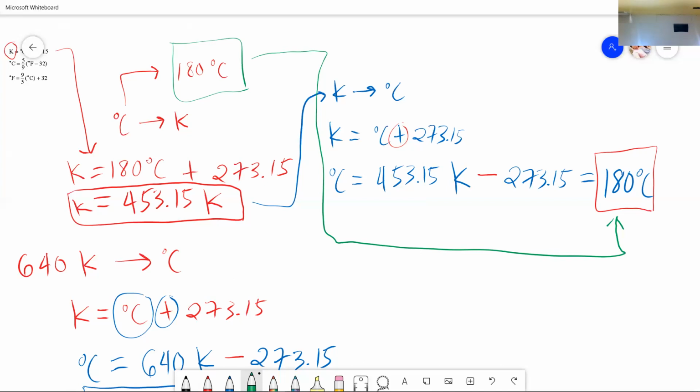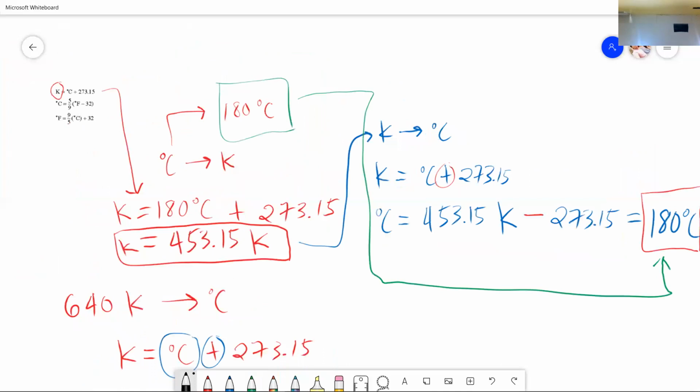So it's just simple. Let's always remember the sign. Once you convert from degrees Celsius to Kelvin, you use the original equation and just add 273.15. From Kelvin to Celsius, you do the opposite, which is minus.